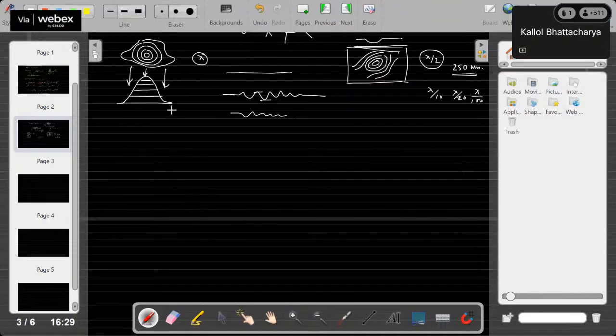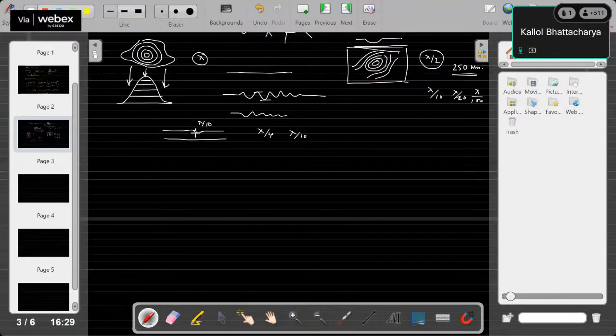Finally, when the defect is very, very small, of the order of, let's say, lambda by 4 or lambda by 10, then you are not getting a single fringe. The two wavefronts were perfectly flat except for this very small variation of lambda by 10.